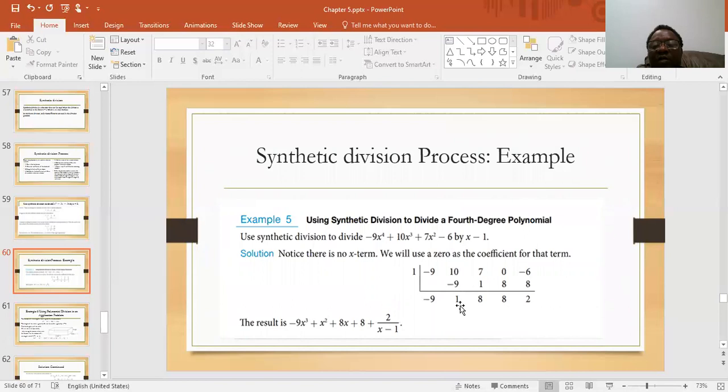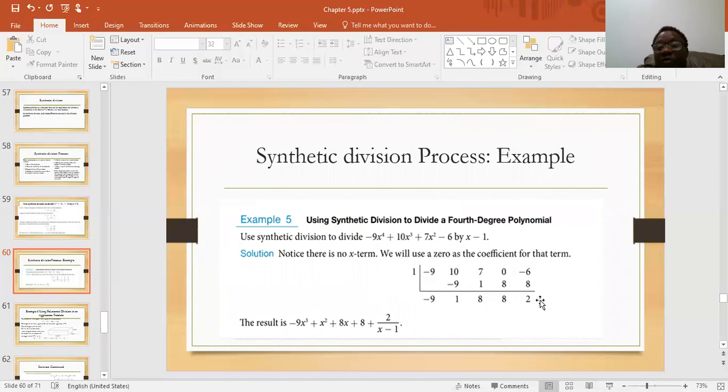Adding these two numbers, we get 1. Then we multiply again 1 by 1 to put 1 here. 7 plus 1 is 8. Then we multiply 8 by 1 to get 8 here. 8 plus 0 is 8. Then we multiply 8 by 1 again to get 8 here. Minus 6 plus 8 is 2.